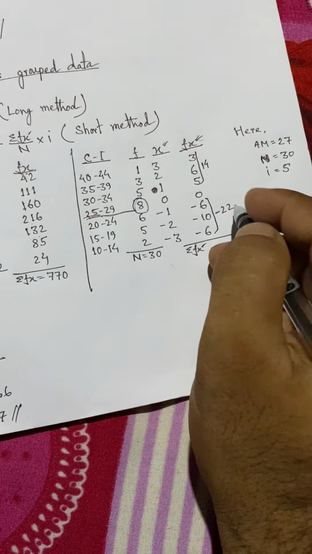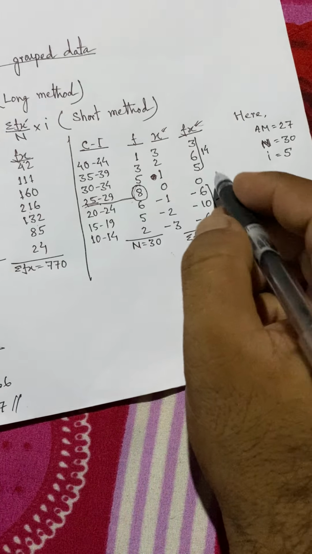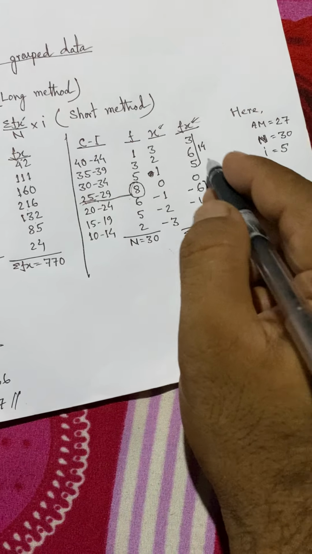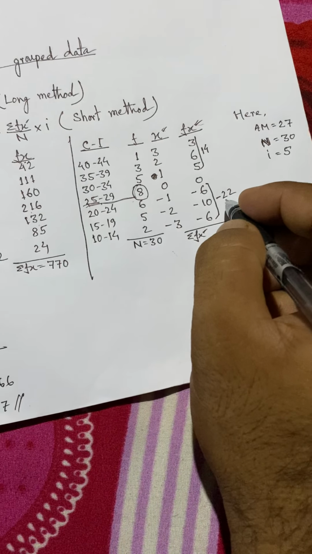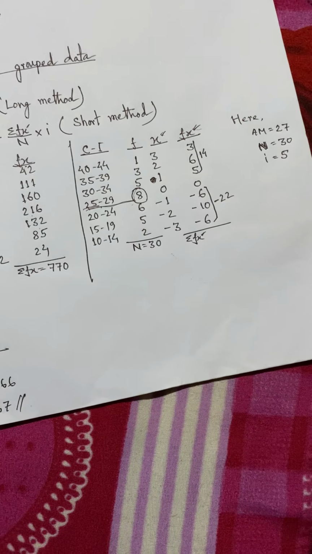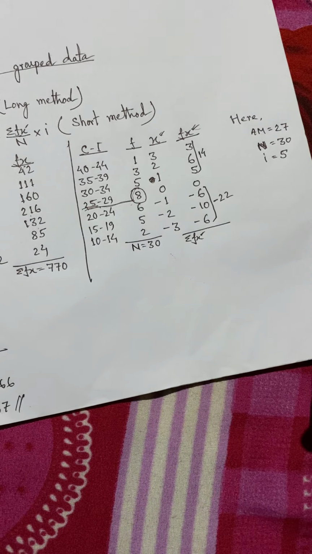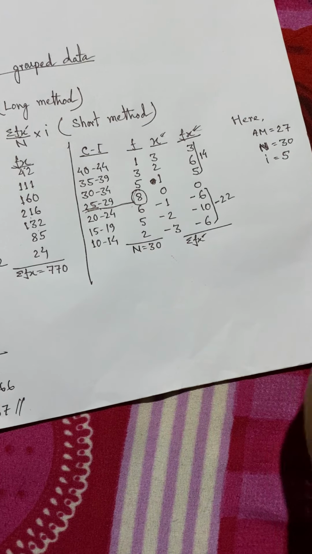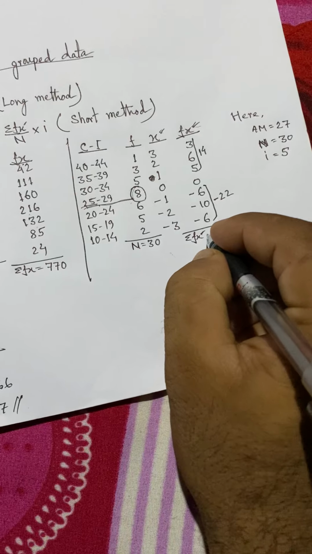Now you have to do 14 minus 22. How much? Minus 8.